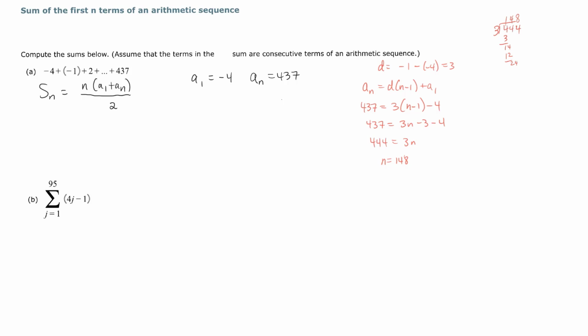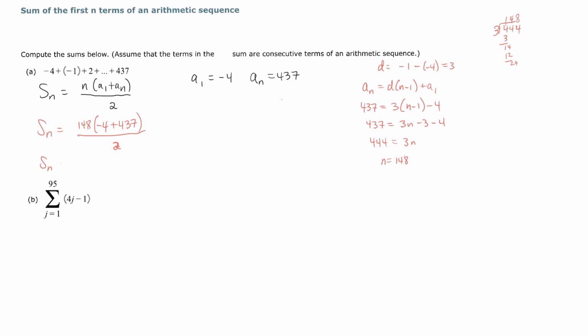Now we're ready to find S sub n. S sub n is equal to 148 terms times a sub 1, which is negative 4, plus a sub n, which is 437, and then divided by 2.